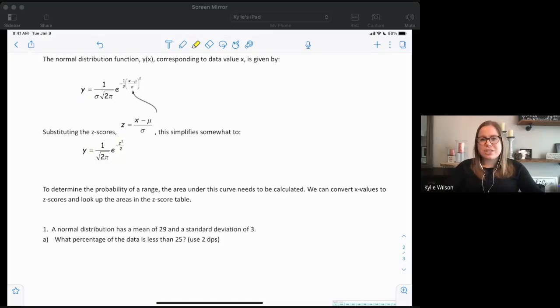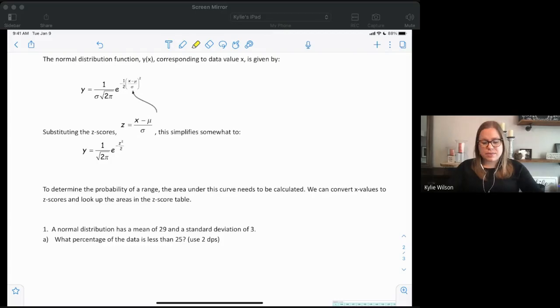It's not a shape that we have an equation for to find the area. Now, you certainly could use first-year calculus to figure this out, but it gets very, very complex very, very fast.